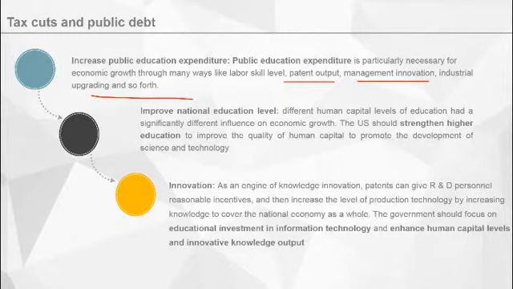The next one is to improve the national education level. I think it is better if the U.S. government can strengthen higher education to improve the quality of human capital and the development of science and technology. And the last one is innovation.